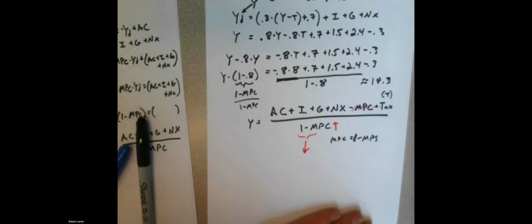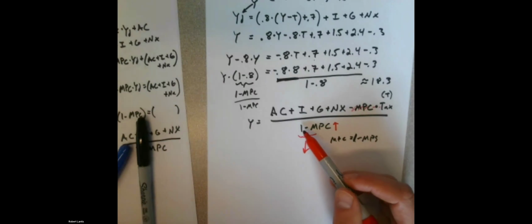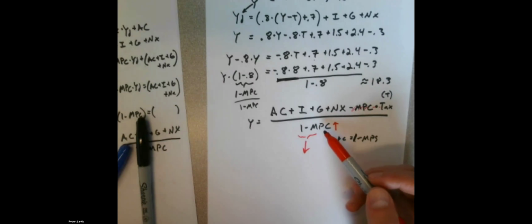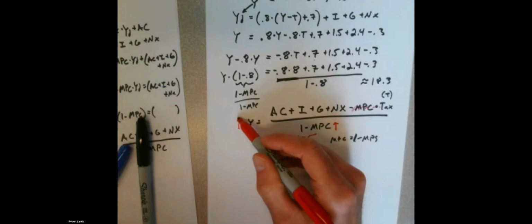If my marginal propensity to consume goes up, 1 minus that is going to be a smaller value, right? So if people are spending more of their income, that means they're saving less, right? So if my denominator decreases, my break-even level of consumption will actually go up.